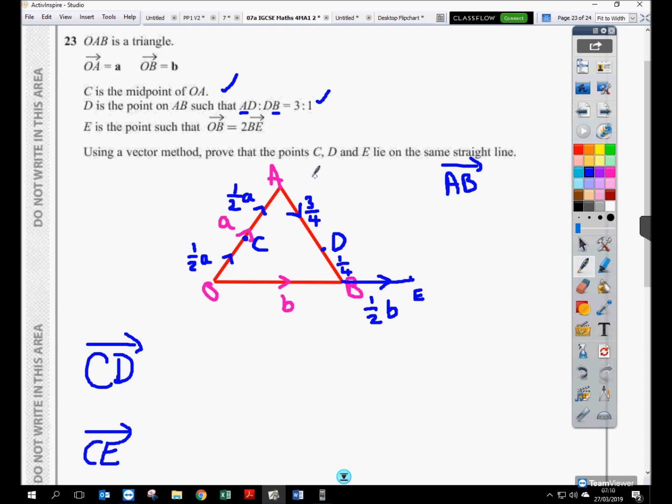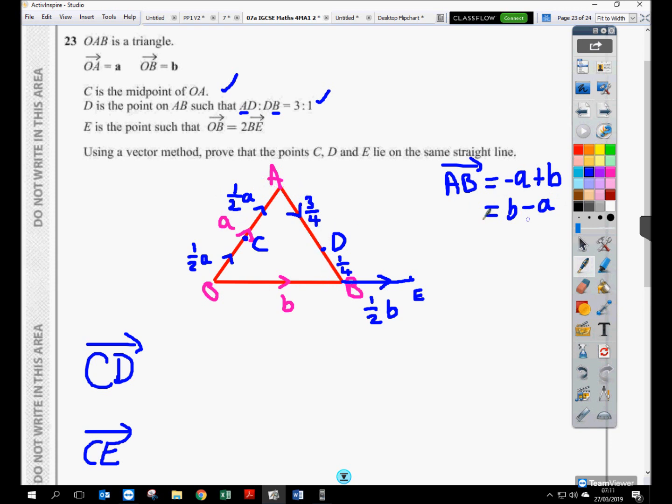Okay, so how do you get from A to B? Well, you're going to go this way around. So remember, you're going backwards against OA. So this is minus A, and then it's forwards with the arrow B. So it's minus A plus B, which we normally write as B minus A. So that's what vector AB is.